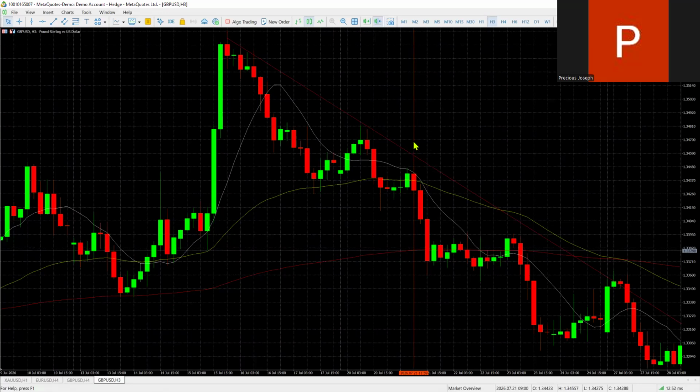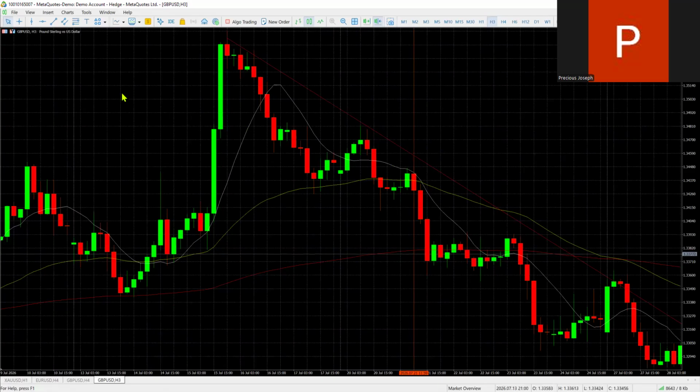What I'll be waiting for here, this is my H3 time frame, is a major sweep of liquidity from the upside and a change of character at the bottom side. Because I'm anticipating that price will go down, I'll wait for price to sweep the liquidity up and change character going down.